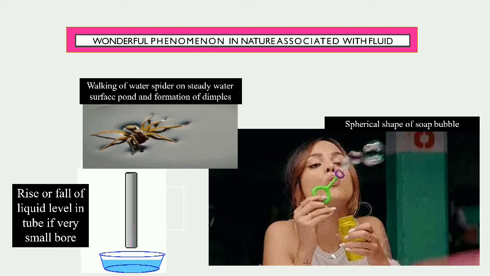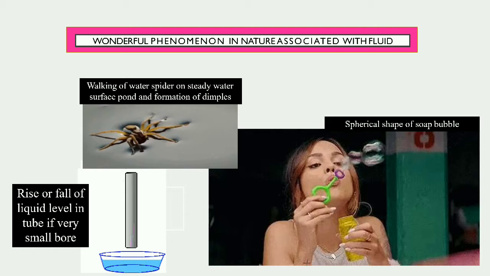Similarly, a very light object, for example a needle or a very light wooden block, can float on the free surface of still water. So what is the reason behind this?